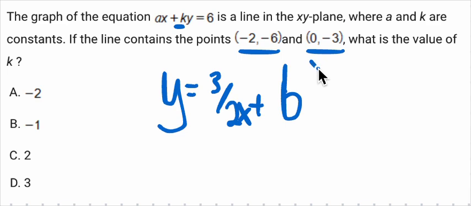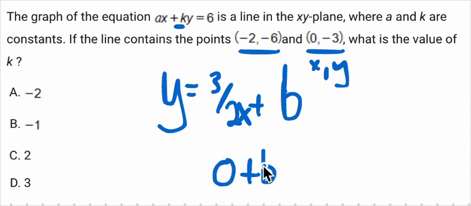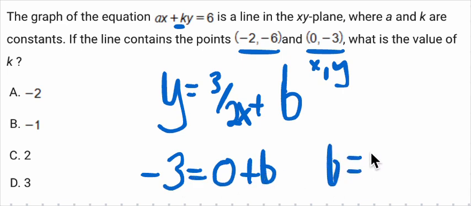Remember, this is an xy ordered pair. So let's plug in 0 for x. Well, 3/2 times 0 is 0, plus b, equals my y value. My y was -3. And then I would see that b is -3.